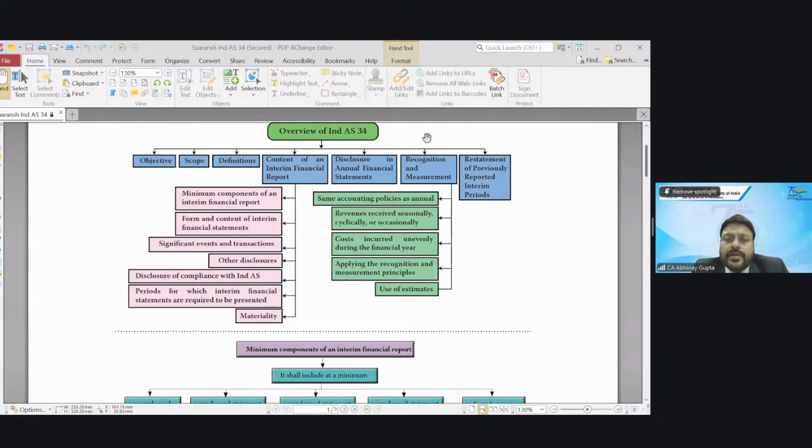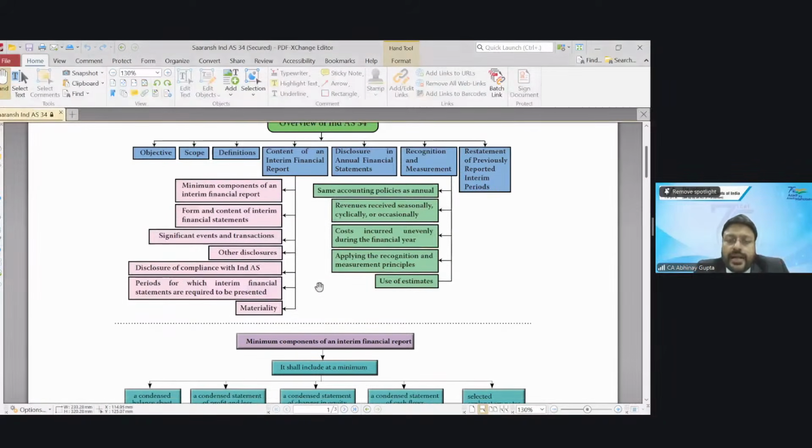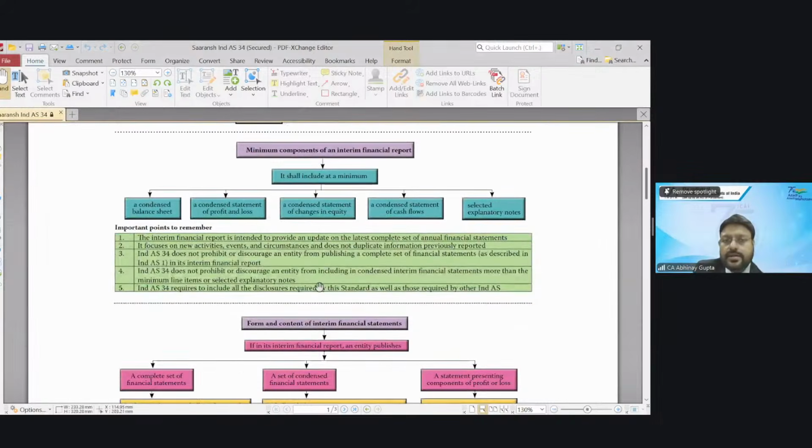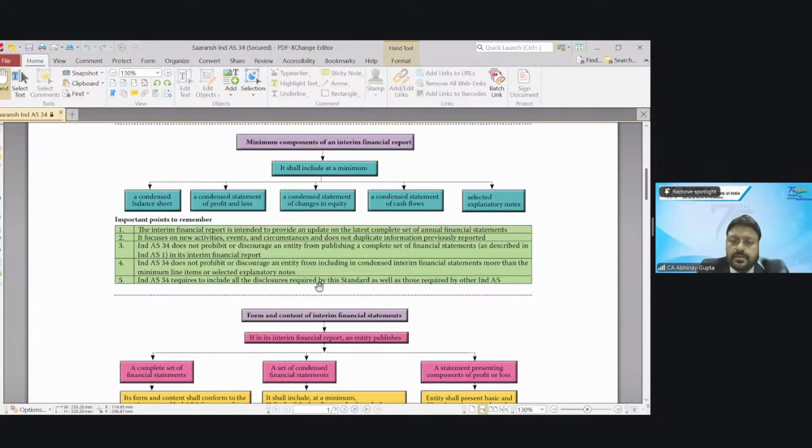So management has to be vigilant and prudent while making those assumptions to make up those estimates, right? So estimates should be made with the right set of information the management has, and it should be unbiased, right? So that's the requirement, correct?